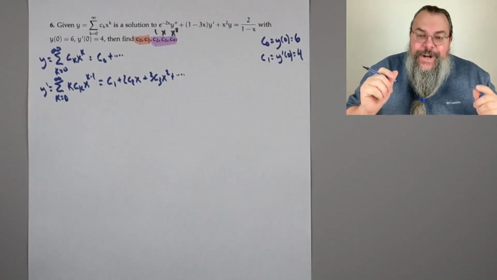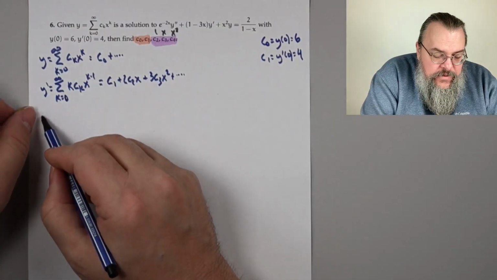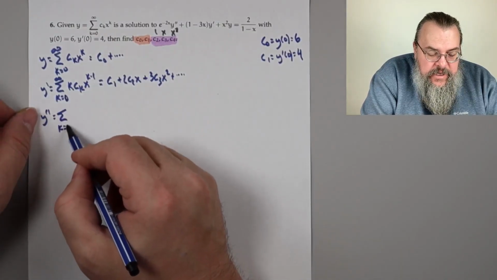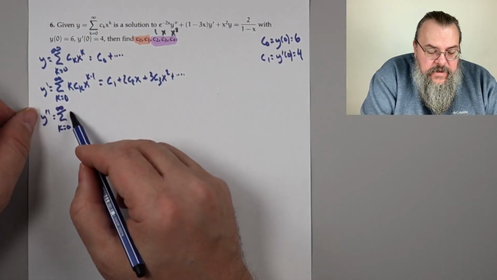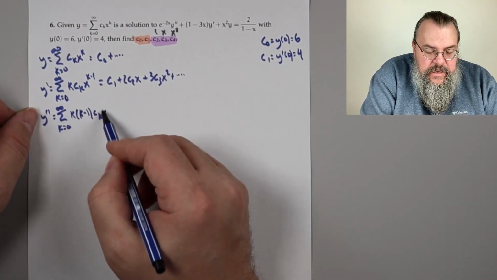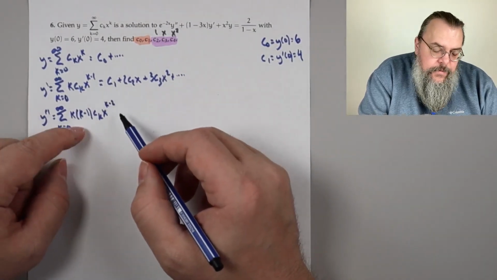Nice. Okay. We have a y double prime. So y double prime, that's our sum, k equals 0 to infinity of k times k minus 1, ck x to the k minus 2. Plug in 0, you get 0. Plug in 1, you get 0.